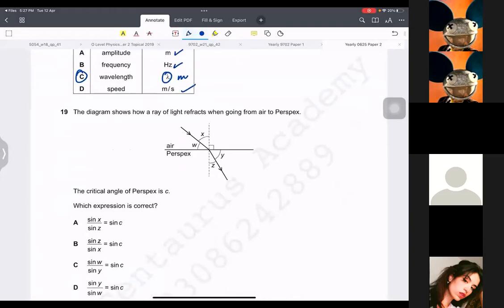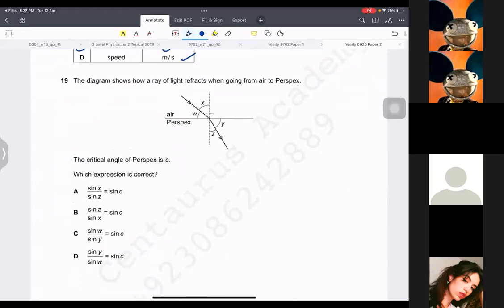Okay, the critical angle of Perspex is C. Which expression is correct? Critical angle is given by 1 upon n. And right now, sine of x over sine of z should be equal to n because it is going from less dense to more dense. Now it means n is equal to 1 upon sine c, so we can replace these.